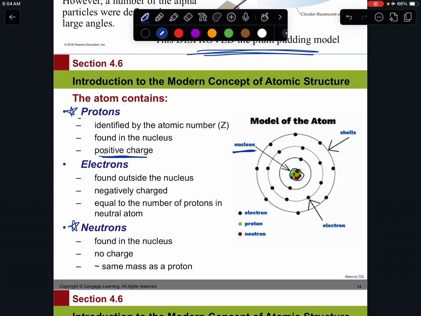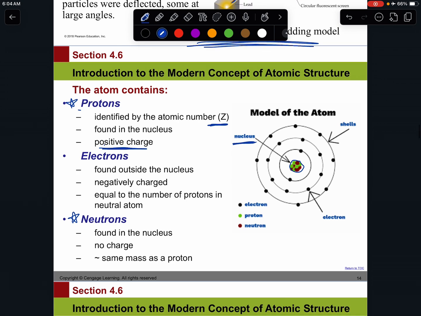They are found in the nucleus, and we're going to talk about how they affect the atomic number a little bit later on. And then the other component in the nucleus is neutrons. Neutrons are neutral. They have no charge. We find them in the nucleus, and they are about the same mass as a proton, okay? So this is a very heavy center of the atom.